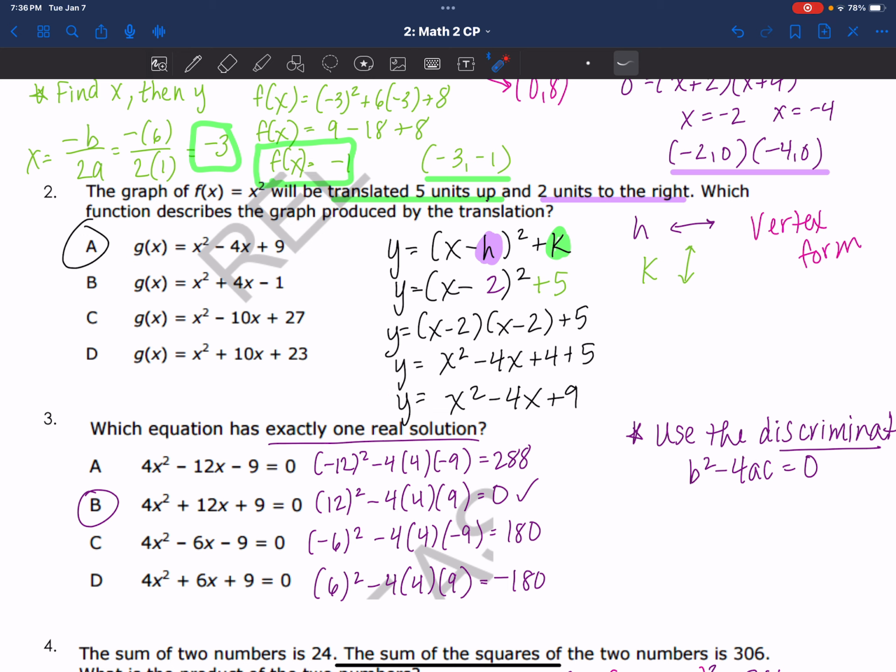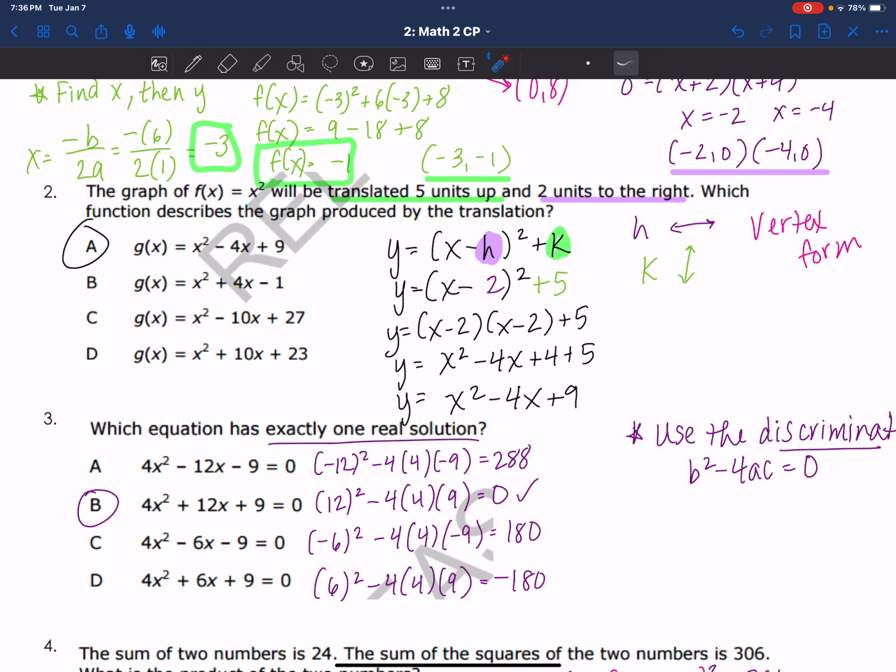To finish the other parts, I did the b squared minus 4ac, and plugged the A, B, and C into that. That doesn't work. That doesn't work, and this one doesn't work. So B is the best choice. Remember, if you're trying to figure out how many solutions it has, use the discriminant.